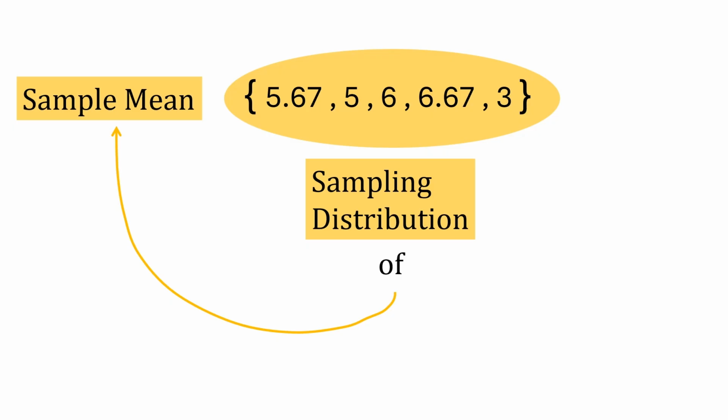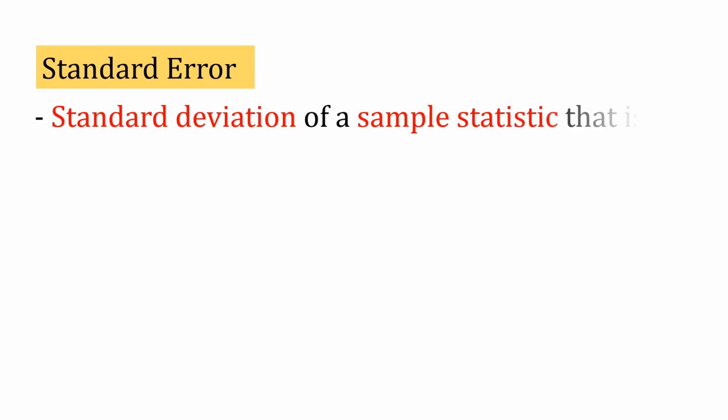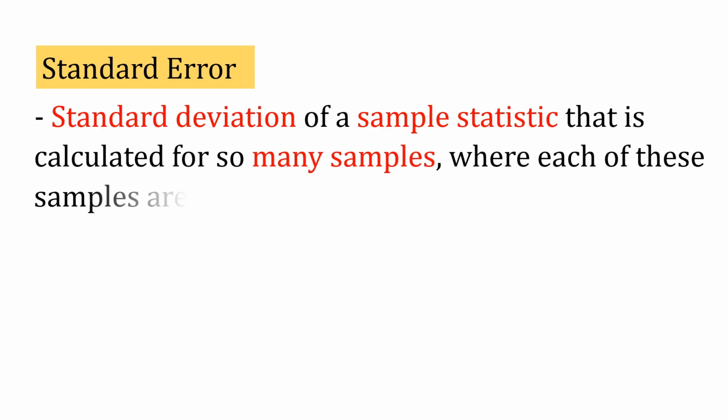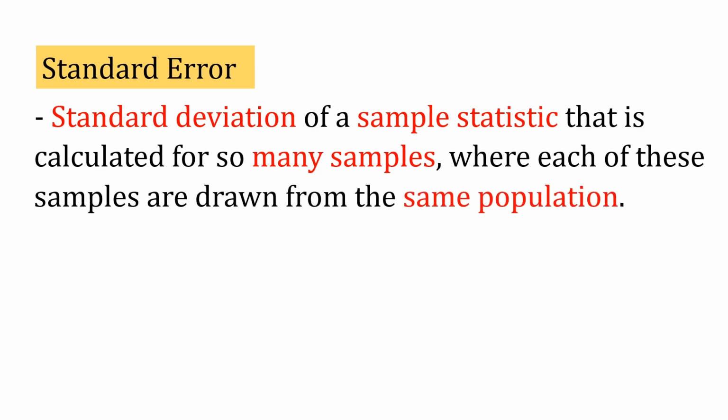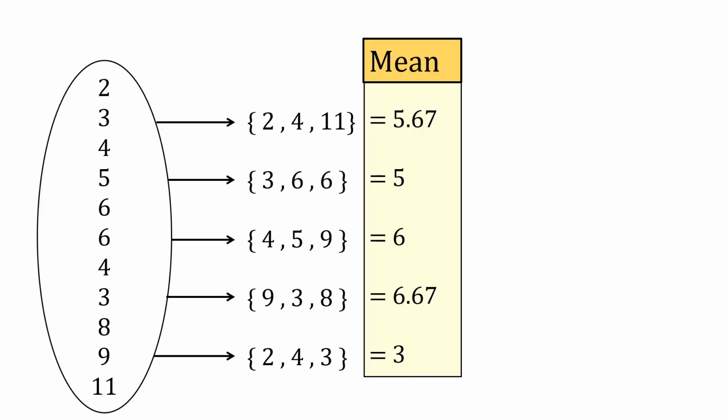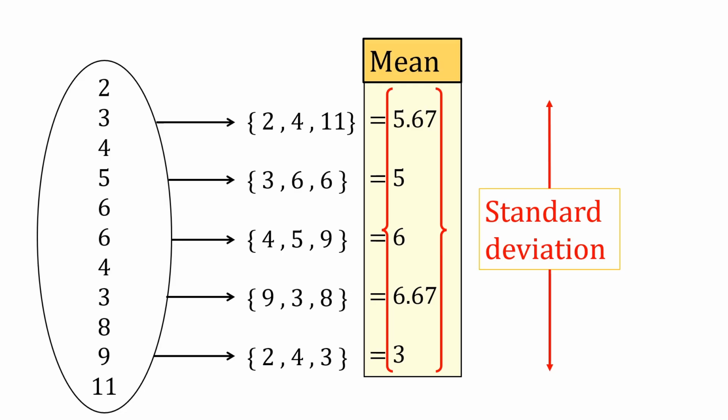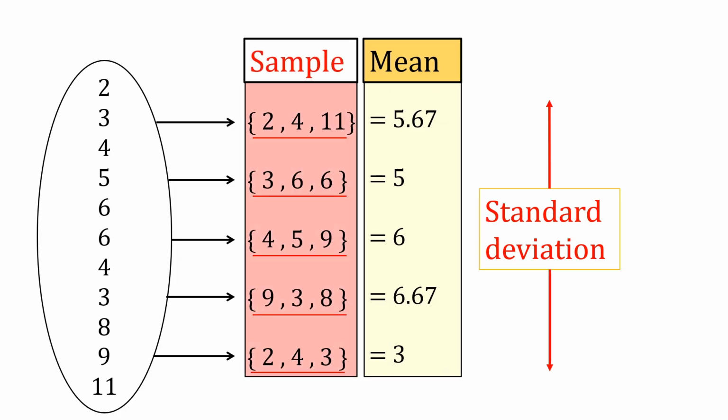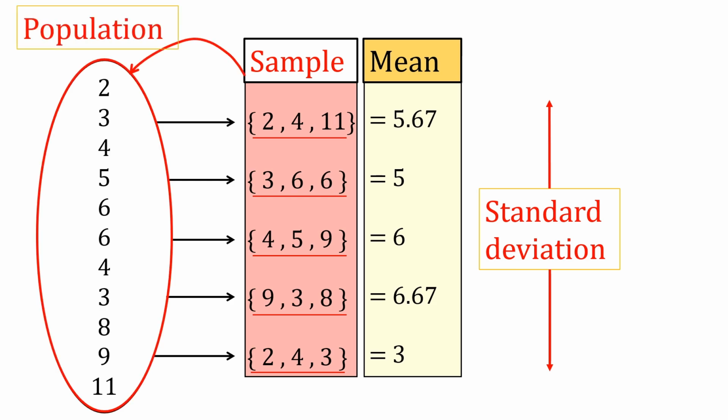Now let's understand what standard error is. Standard error, in simple terms, is the standard deviation of a sample statistic that is calculated for so many samples, where these samples are drawn from the same population. That is, standard error is the standard deviation of some sample statistic like the mean, calculated for so many samples, each drawn from the same population.